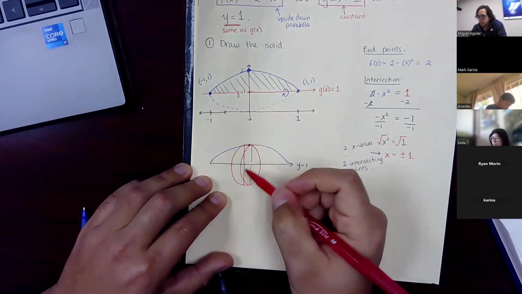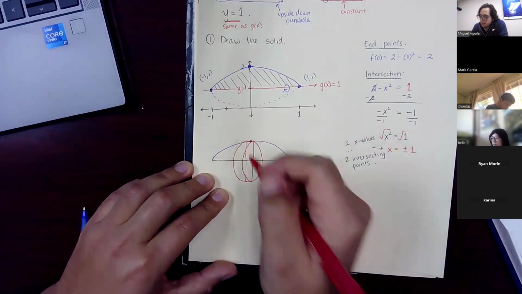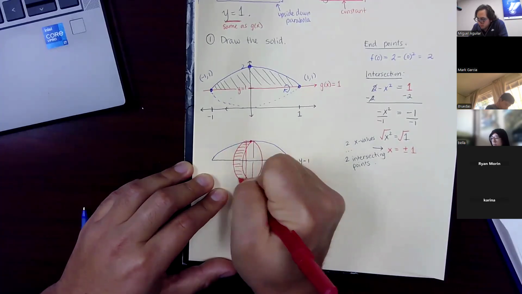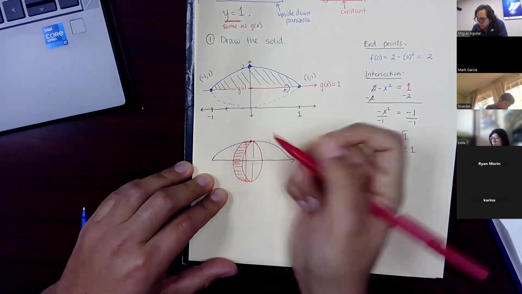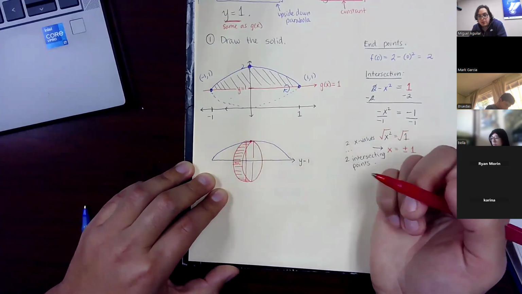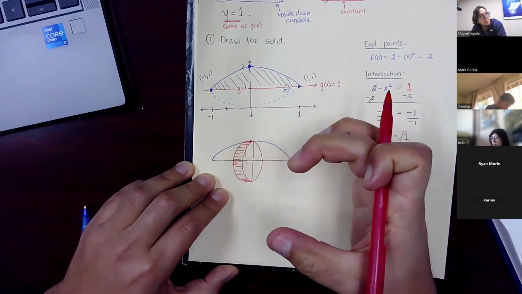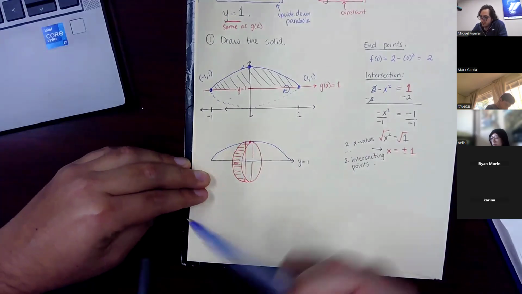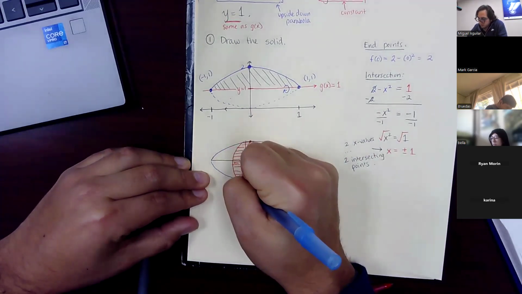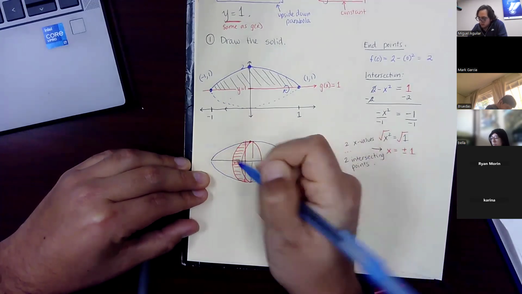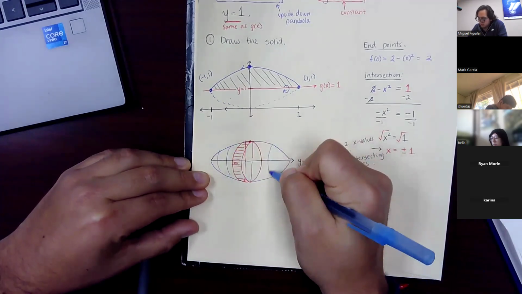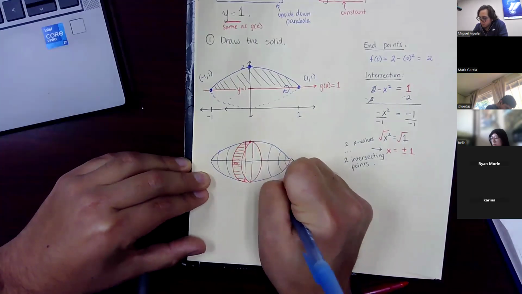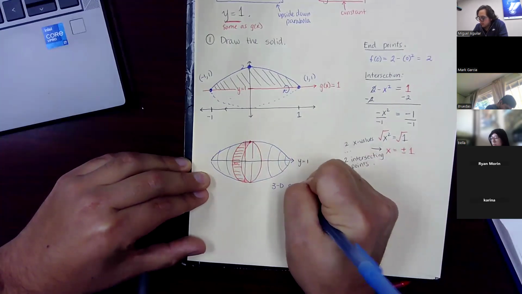There's our kind of, again, they call it the disk method because we're getting these little disks. But, you know, as I draw it, especially since I'm using red, it reminds me of those little Baby Bell cheeses. So it's like a tiny little wheel of cheese. Okay. And that is going to help us kind of flesh out the whole region around this shape. Okay, so that's our 3D solid.